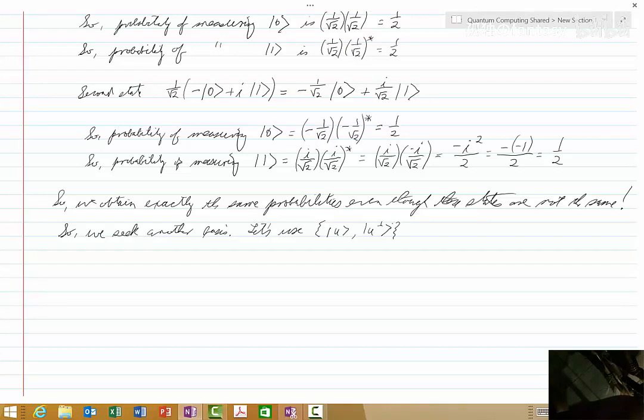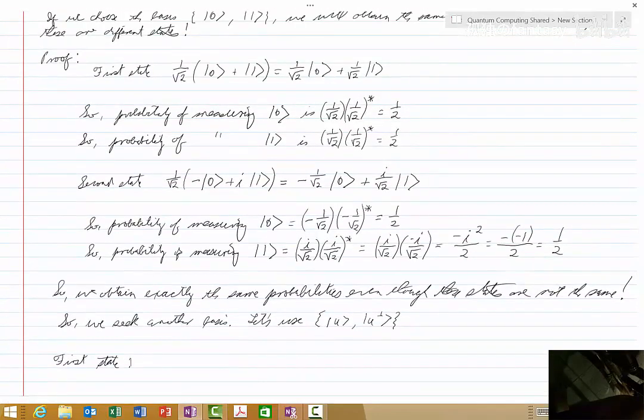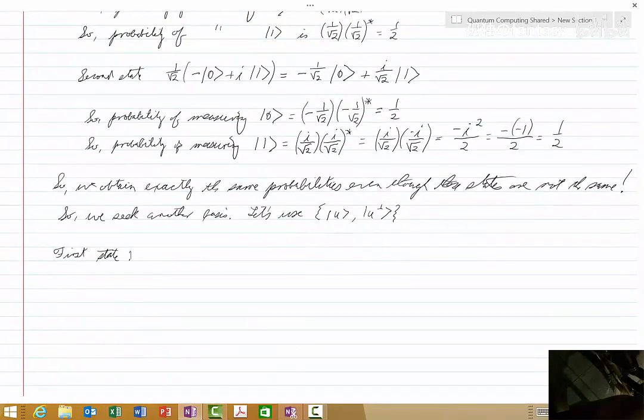Okay, so for the first state, recall again, the first state is 1 over square root of 2 times the 0 ket plus the 1 ket.